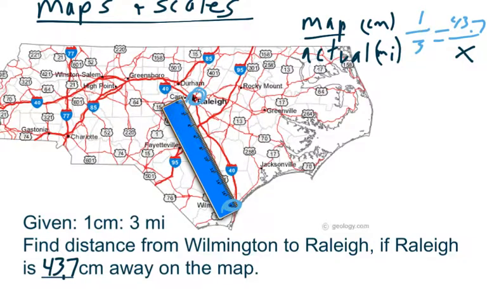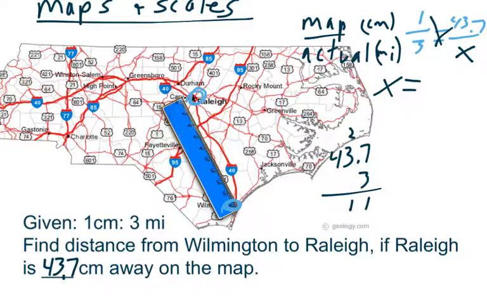So now I'm looking at this, and I could just do one will go into 43.7 times and do equivalent fractions, or I could just cross multiply. So if I cross multiply, I get x times 1 is x. 3 times 43.7, I'll do that off to the side. 3 times 7 is 21. 3 times 3 is 9, plus the 2 is 11.